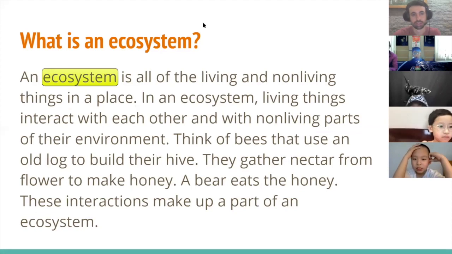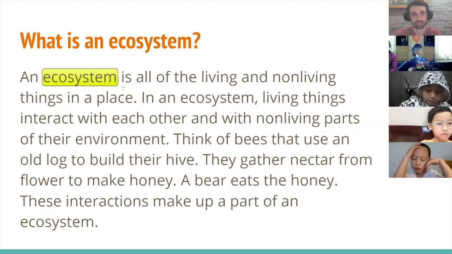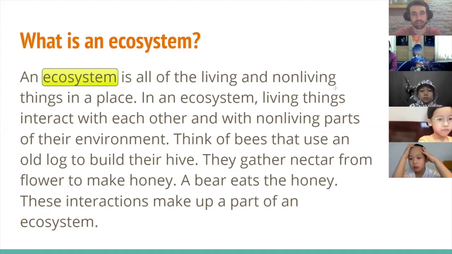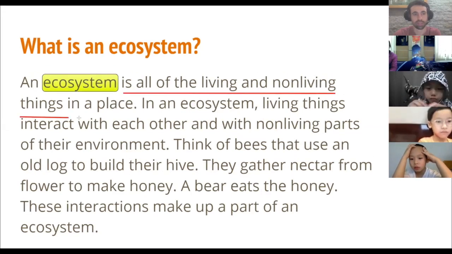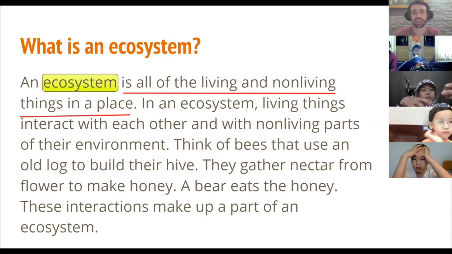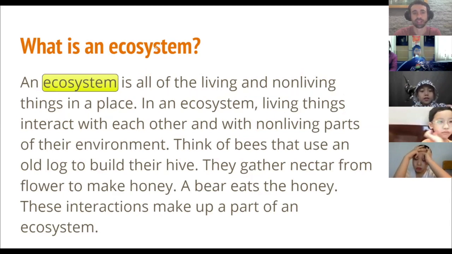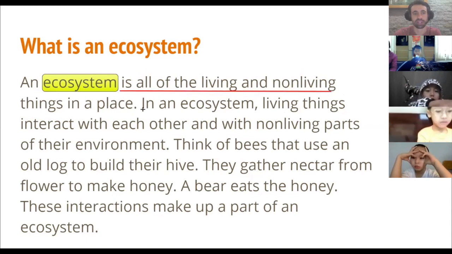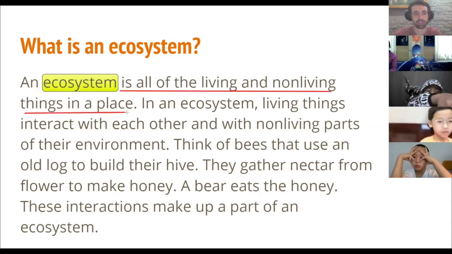Just like the example, it's all of the living things and non-living things in a place. Yeah, it's all the non-living and living things in a place. Thank you. There is one more thing I would like you guys to realize. So it's all the living things and non-living things in a place, okay?